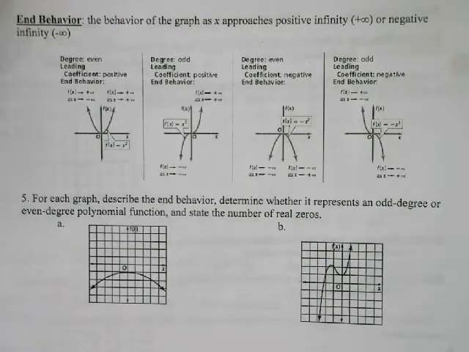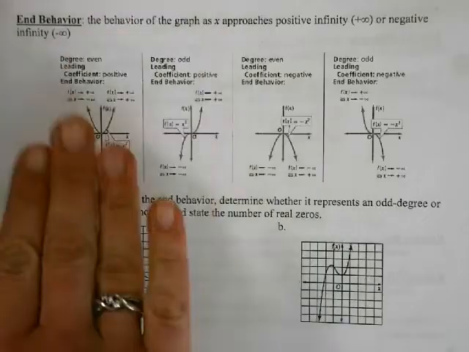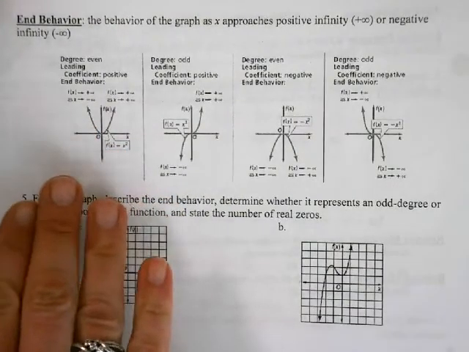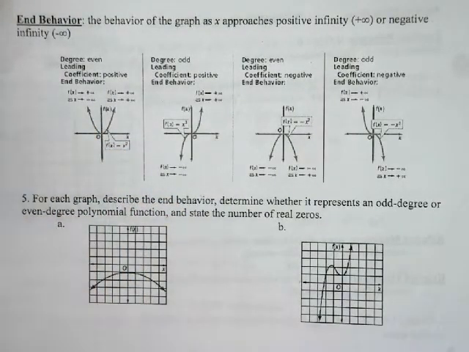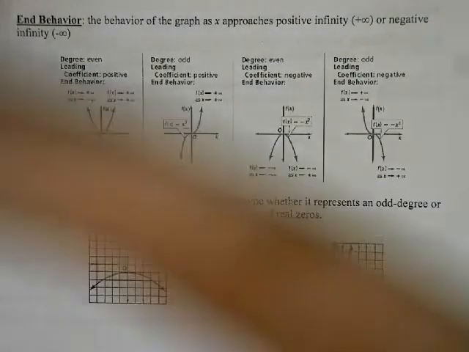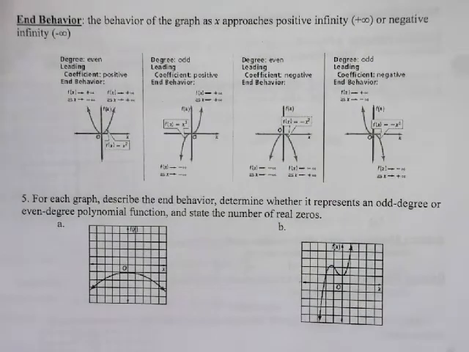That's really what end behavior is doing. Okay? So there's a whole bunch of stuff up here, but I don't want you to get bogged down in that. Think about positive infinity is up and negative infinity is down. Positive infinity is also going positive direction. Negative infinity is going to the left in the negative direction, okay?